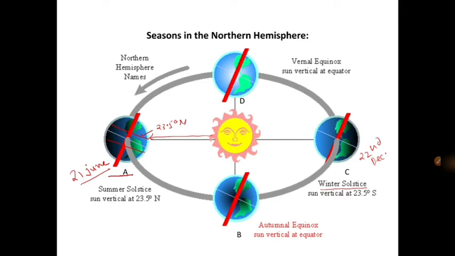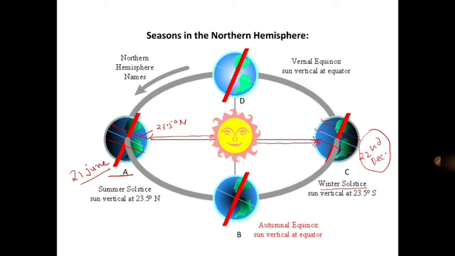The northern hemisphere receives oblique rays and has its winter. So, you can see at this time, this is the Tropic of Capricorn, this is the equator, and this is the Tropic of Cancer. You can very well see the sunlight is directly falling on the Tropic of Capricorn on 22nd December, which is known as the winter solstice.